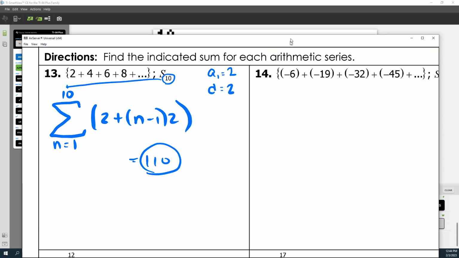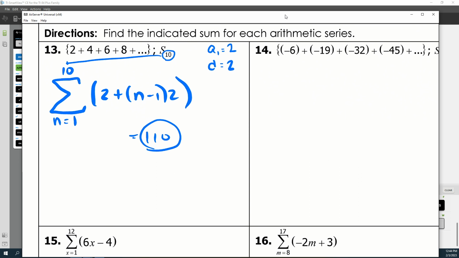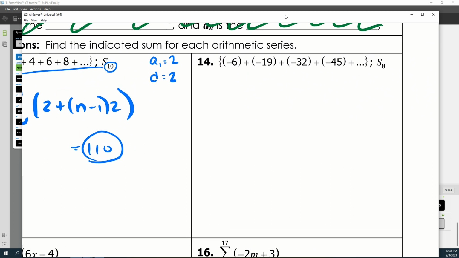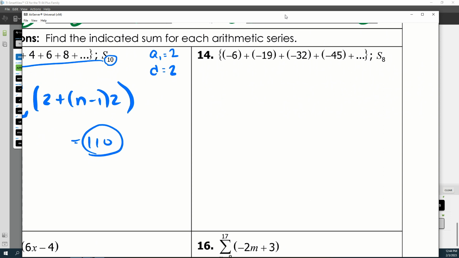All right, we're going to do one more. So it's asking you to do S of 8, the sum of the first 8 terms. So on the bottom, I'm going to start with n equals 1.